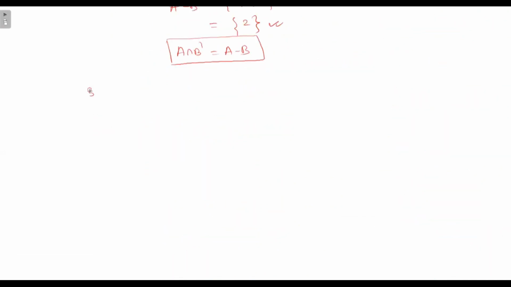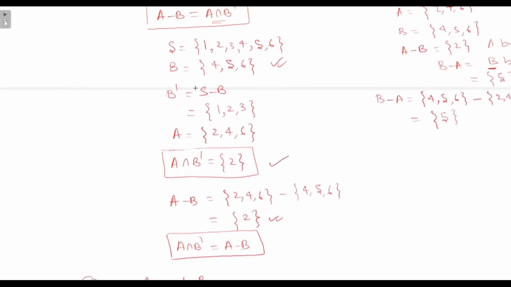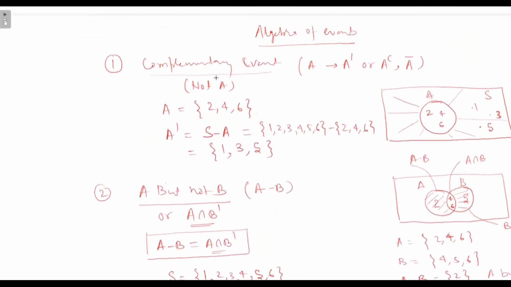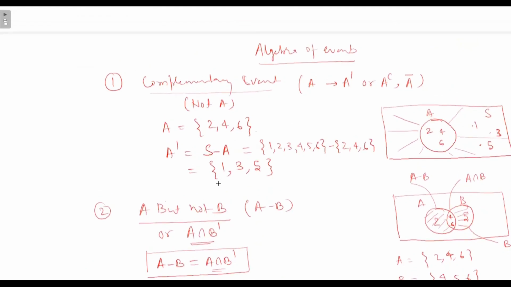So this is what we call A but not B, and this is an event which is called A and B. Though I explained using set theory, let's understand what we mean. When we say complementary event, the complementary event is not A. When we throw a die, I'm saying that A shouldn't happen.